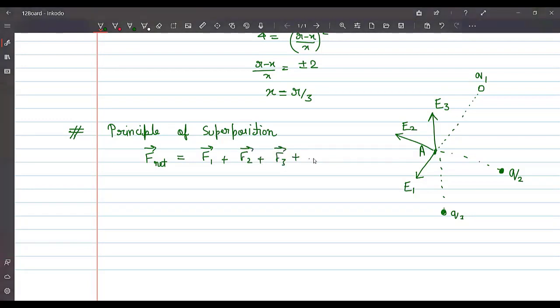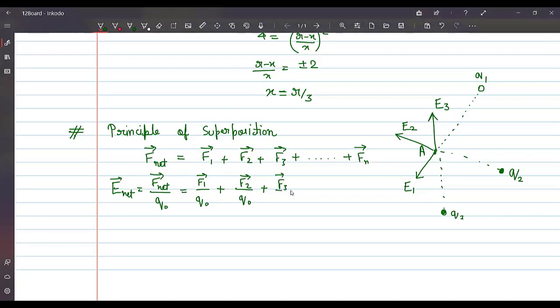And if there are more charges, then you can write it as Fn vector as total sum of n forces. But electric field, as we defined, net electric field will be net force divided by the test charge that you will be keeping here. So it will be F1 by Q naught plus F2 by Q naught. And just to recall that charge is a scalar quantity, we are dividing a vector by a scalar, so it will remain a vector.